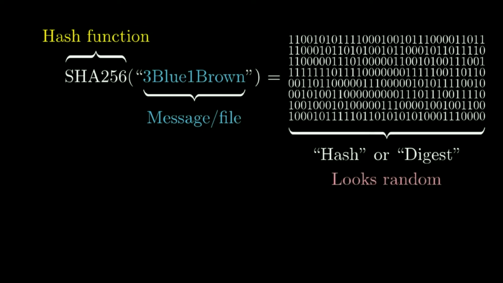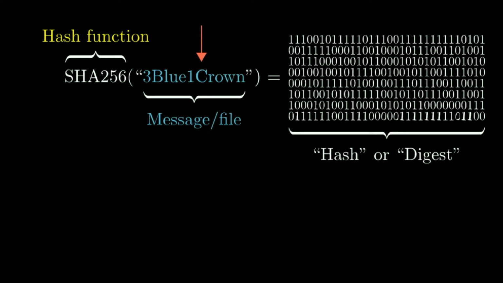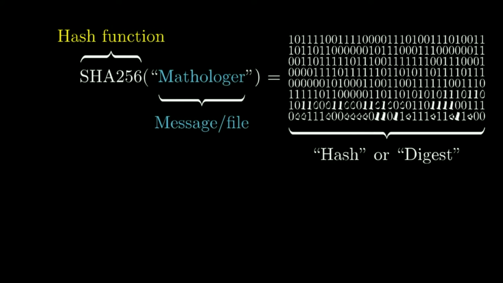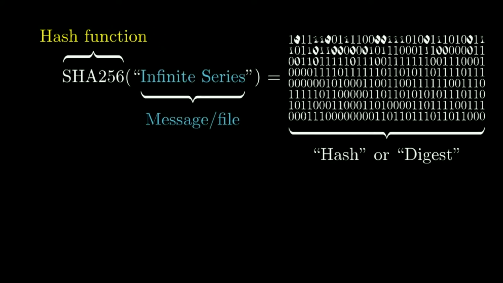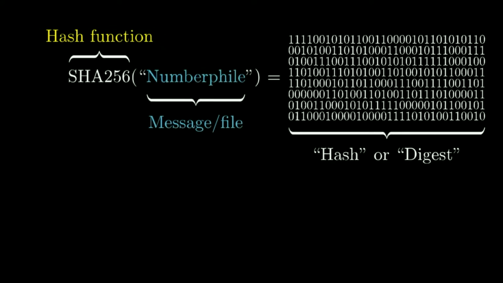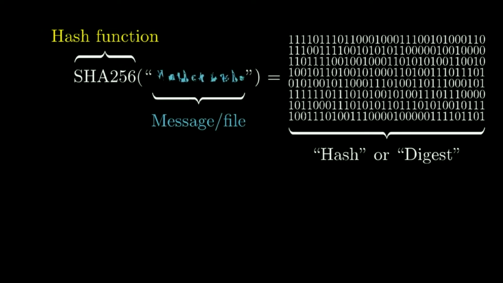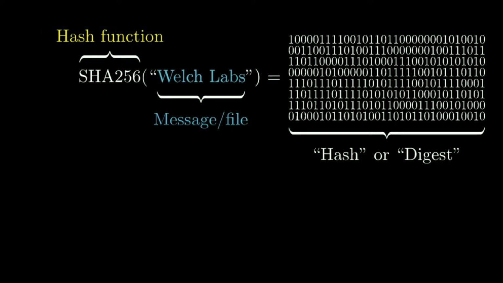It's not random, it always gives the same output for a given input. But the idea is that if you slightly change the input, maybe editing just one of the characters, the resulting hash changes completely. In fact, for the hash function that I'm showing here, called SHA-256, the way the output changes as you slightly change that input is entirely unpredictable.